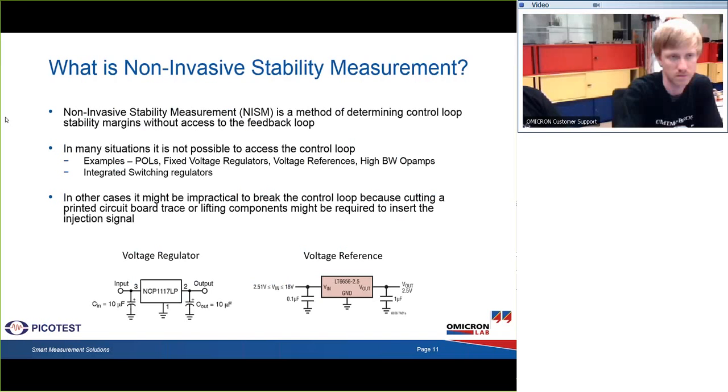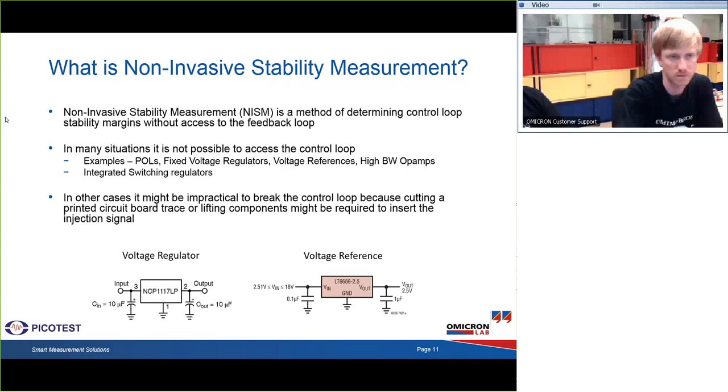There are many examples, but just a few are integrated point-of-load regulators that don't have external feedback, fixed voltage regulators, voltage references, high bandwidth op amps, integrated switching regulators. Many of these devices are either too small or don't provide access to the voltage divider, which would allow us to measure the Bode plot.